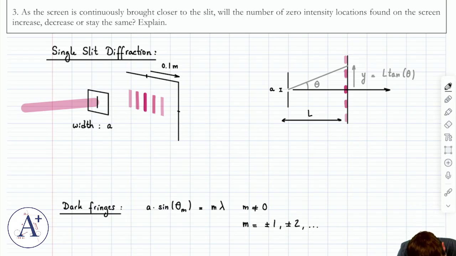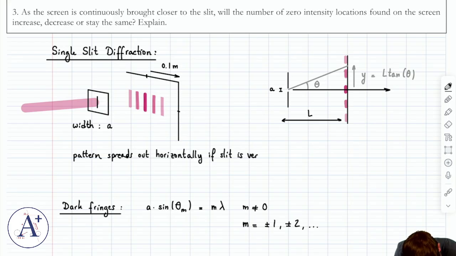Okay, so first of all, the pattern, to answer that question, spreads out horizontally if the slit is vertical. Okay, so that takes care of that. And we want to locate the dark fringes.